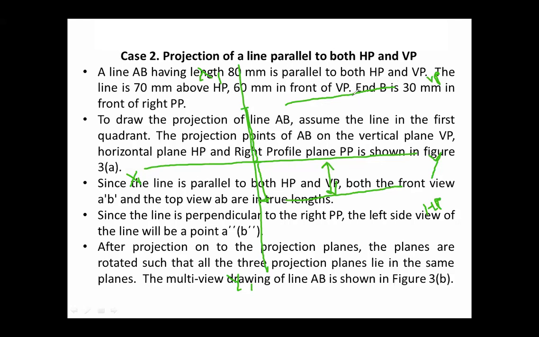But still, in the horizontal direction, you don't know where to start this line. You know the end point, it is 80 mm away, that is fine. But for the start point, it is written that one point is 30 mm in front of the right plane. So this is the right plane. So in front of that, this will be the 30 mm.